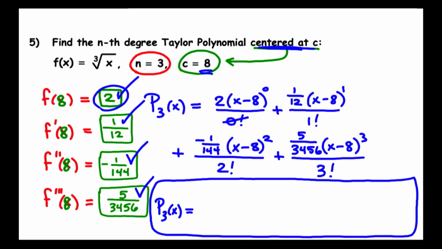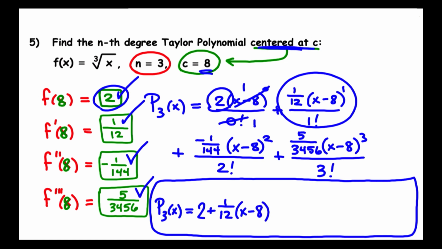Okay, 0 factorial is just defined to be 1. X minus a to the 0 is 1. That's just a 2. Good, I need some room. This is simply going to be 1/12 x minus 8. This can be simplified to negative 1/288 x minus 8 quantity squared.